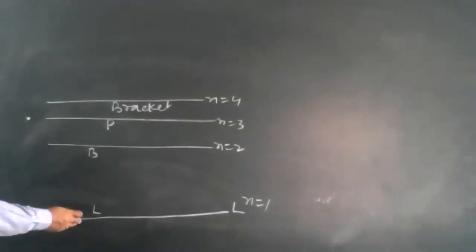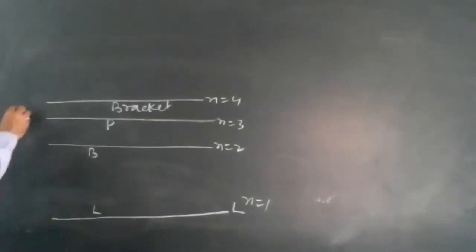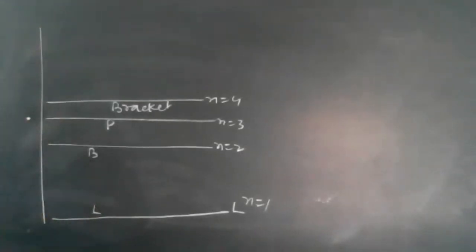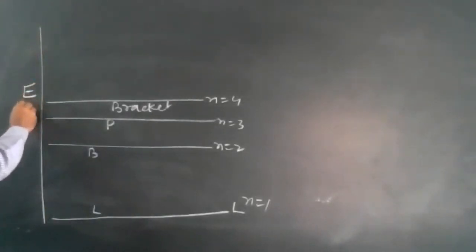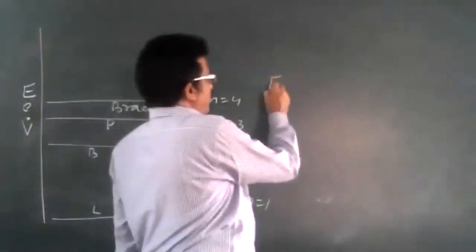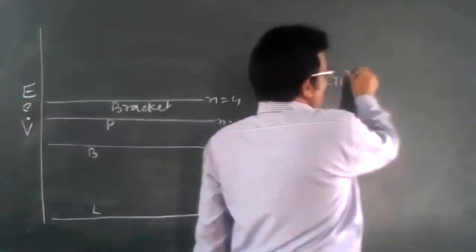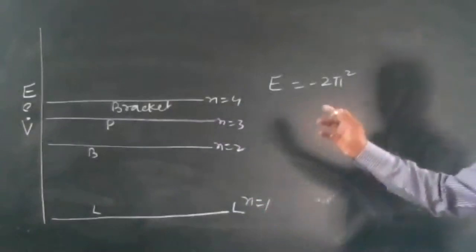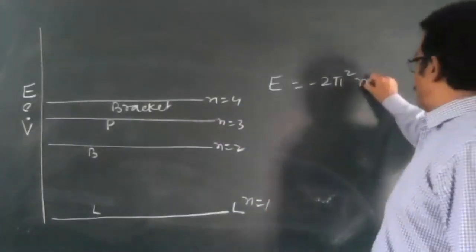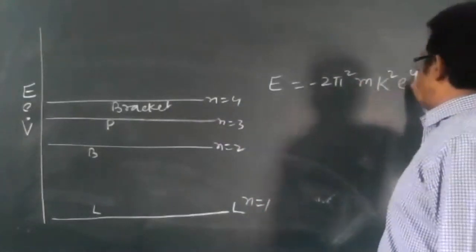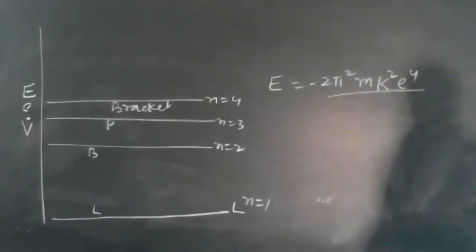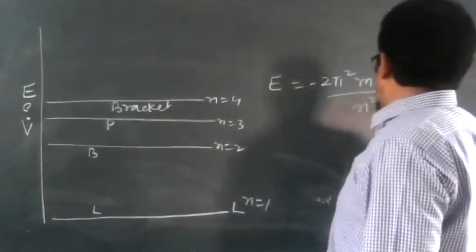The energy of these we are going to calculate first. Here we have to write energy in electron volt. I know the formula: energy is equal to 2 pi square m k square e to the power 4 divided by n square h square.